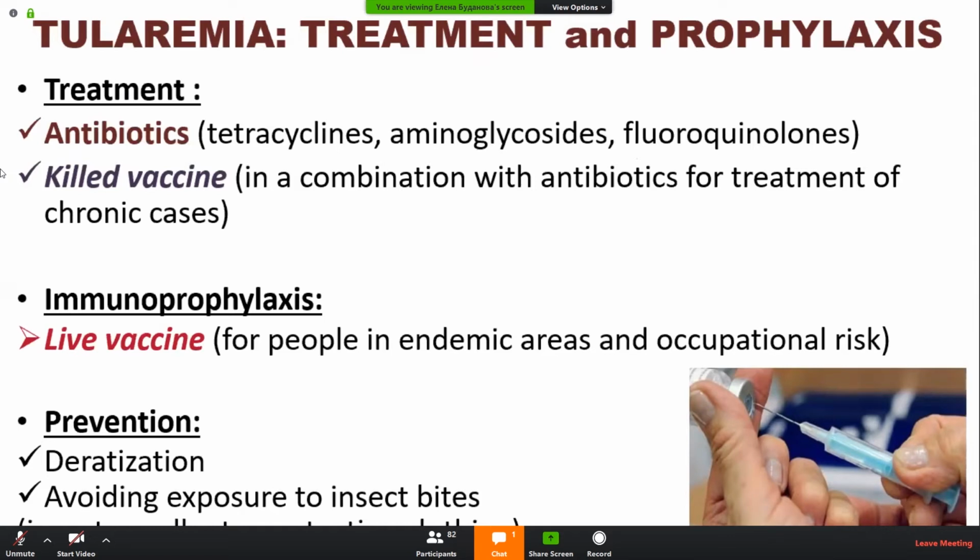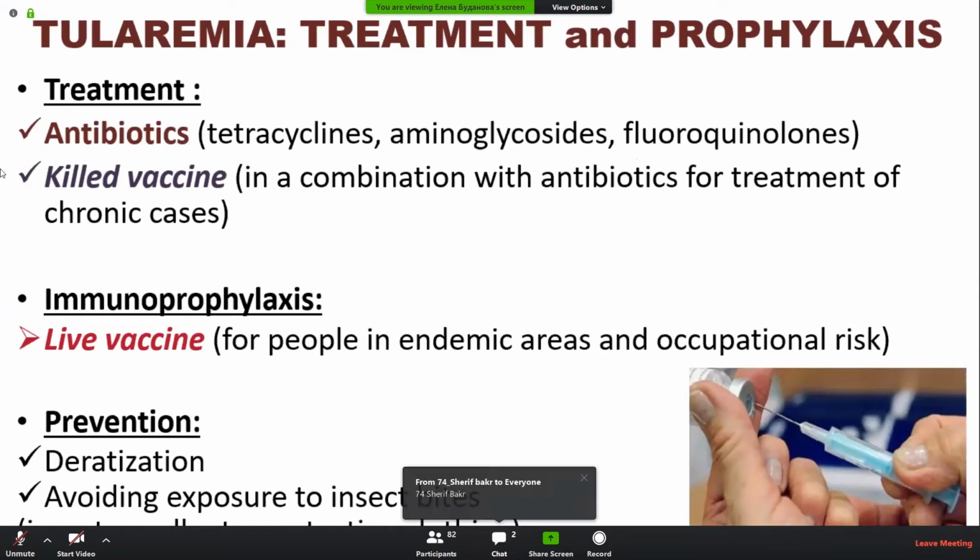So prevention also includes deratization and avoiding exposure to insect bites. That includes insect repellents and protected clothing in endemic areas, in forests, for example, where you can be accidentally bitten by a mosquito or tick, because it is a tick-borne and mosquito-borne disease.